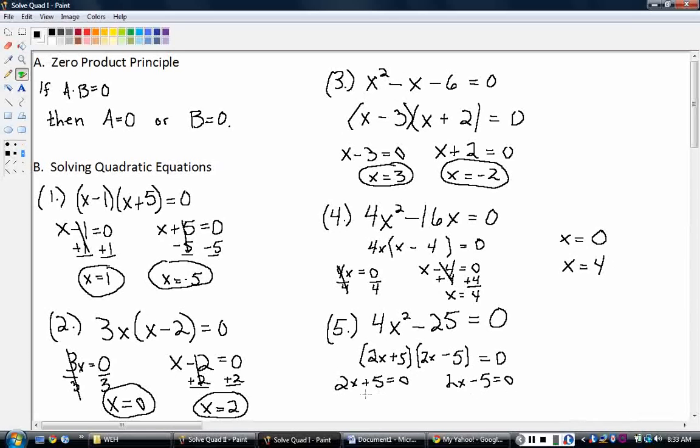Okay, so let's start with this one. Minus 5, minus 5. So 2x equals negative 5. Okay, I'm running out of room here, but the next step in this one is divide by 2. Alright, so divide both sides by 2 to solve for x, and I get that answer, negative 5 halves. So I'll write that over here.